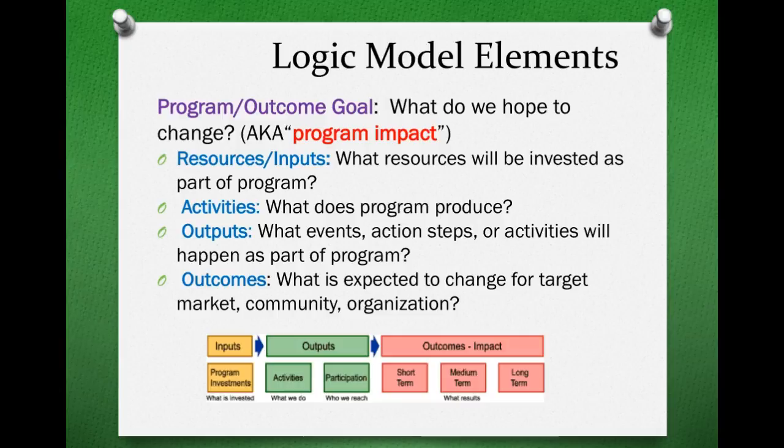Short term is usually immediate. So if we offer a workshop on smoking cessation, that short-term outcome should be some sort of knowledge that is learned through the workshop. Medium term may actually be to change the behavior to stop smoking, and the long term would be to increase an individual's health.